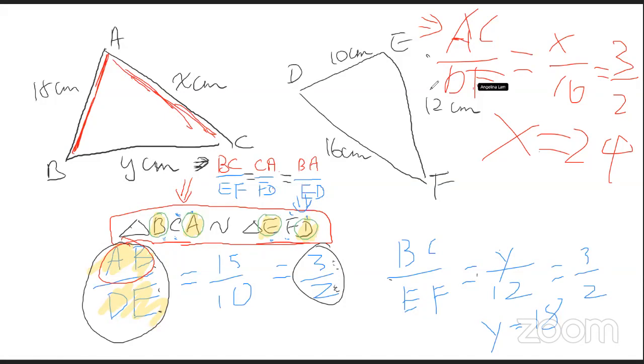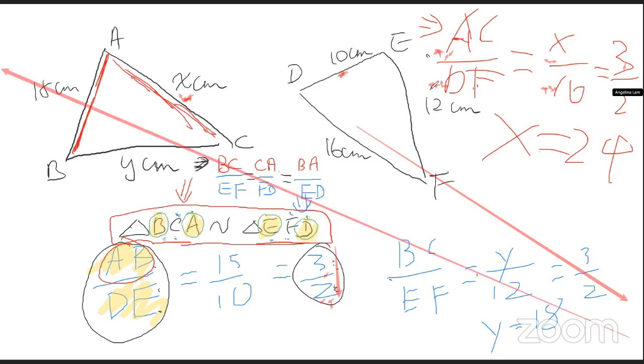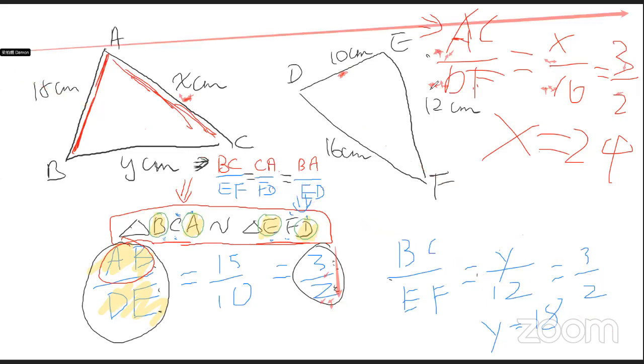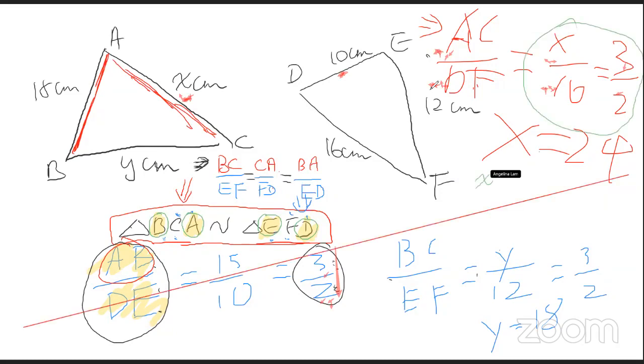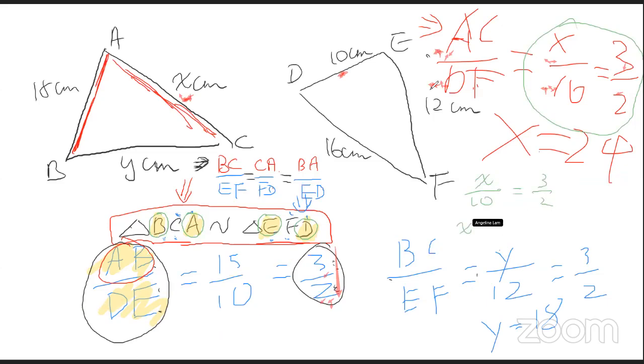Therefore AC divided by DF, which in this case is X and 10, so X over 10, the same number as this one, 3/2. Then we solve this equation: X over 10 equals 3/2, and we times 10 on both sides.